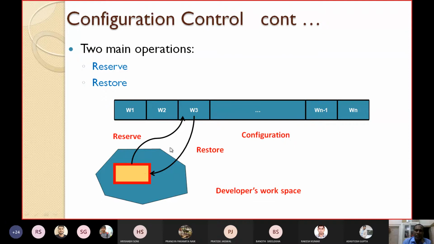If everything is okay and working perfectly, then the original version of W3, the old version, will be replaced by the new, changed version made by the developer, through a restore operation. In this way, configuration control happens using two keywords. One is reserve, another is restore.